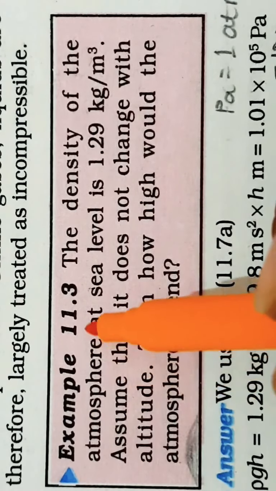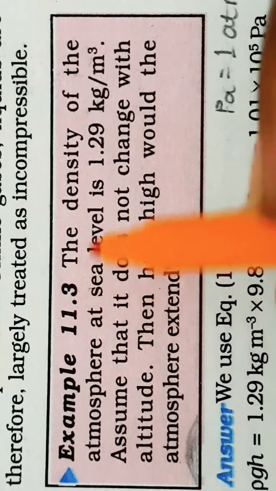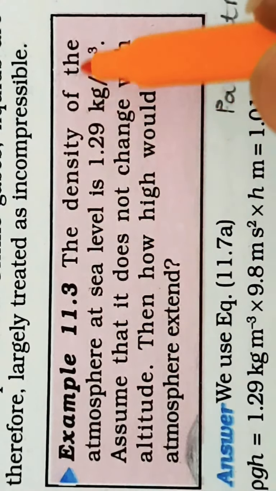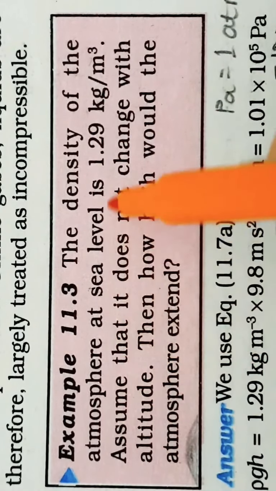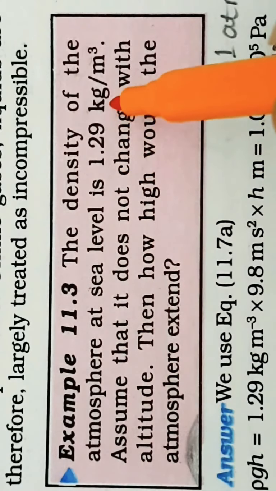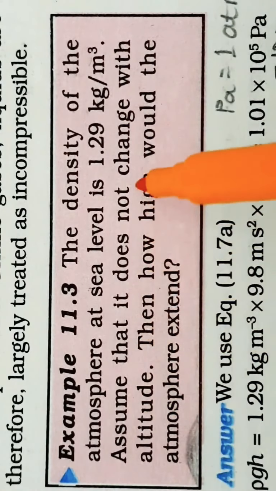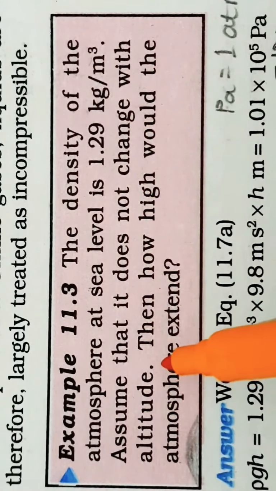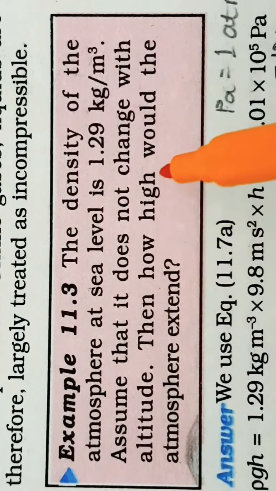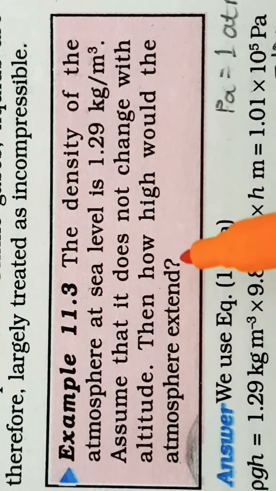See the example problem 11.3. The density of the atmosphere at sea level is 1.29 kg per meter cube. Assume that it does not change with altitude. Then how high would the atmosphere extend?